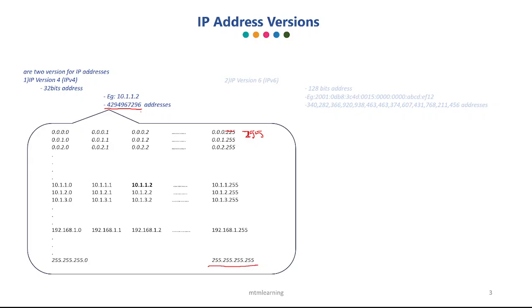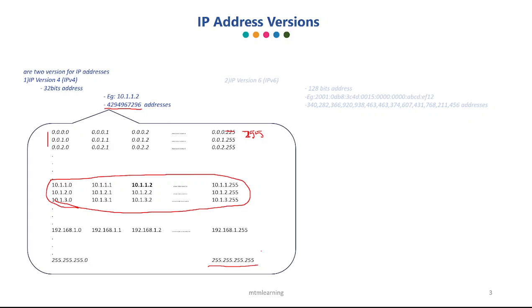Can we use all of the addresses? Definitely not, because there is a standard given to us on which block of IP addresses we can use. For example, we can use this block of IP addresses for the local area network, and I will explain that in detail in the next slides. But there are addresses we are not supposed to use. For example, we can't use any addresses in the range of 0. We can't use the address 255.255.255.255, which is a broadcast address.